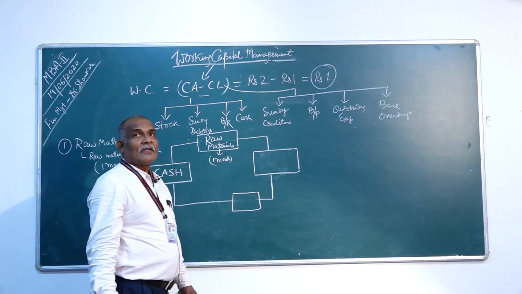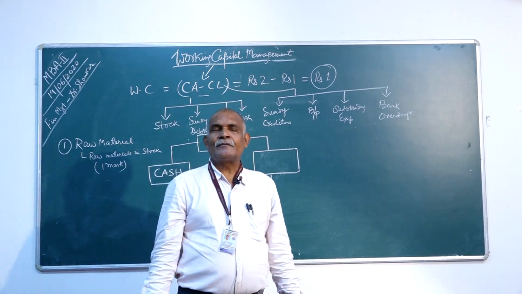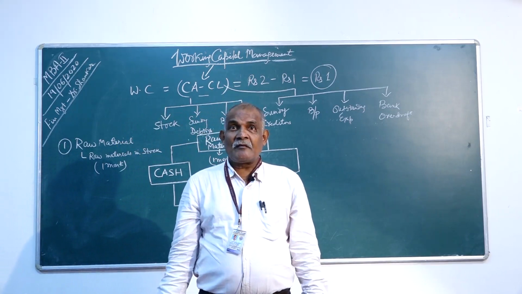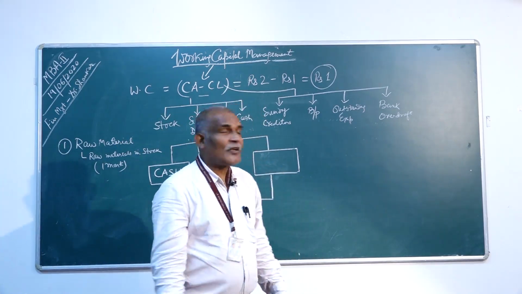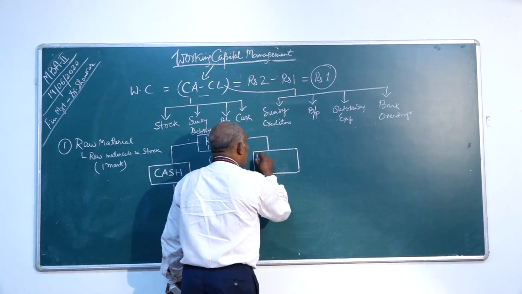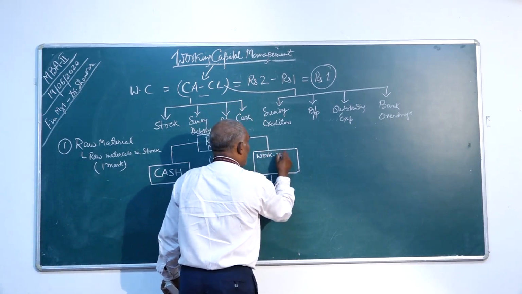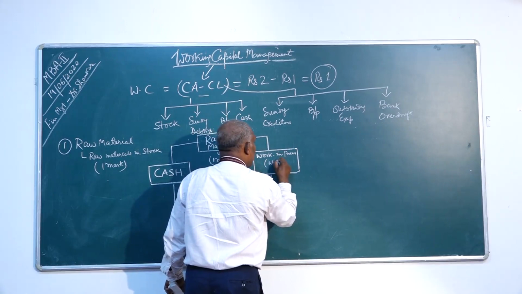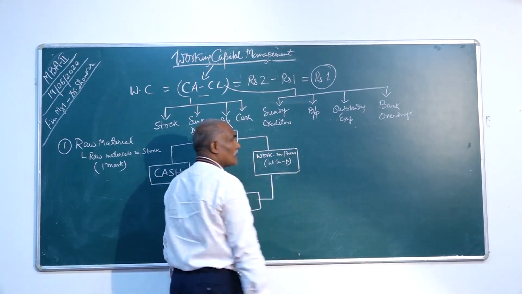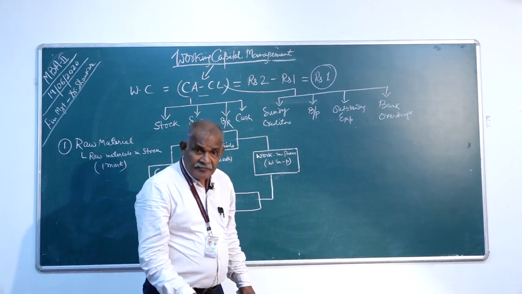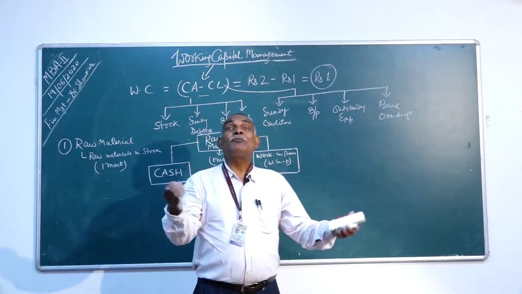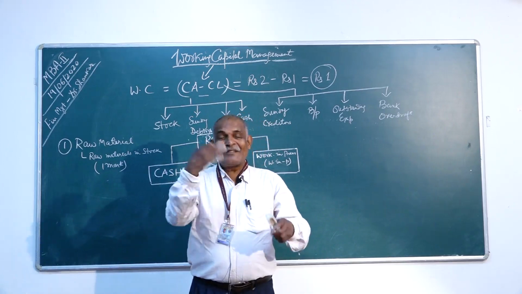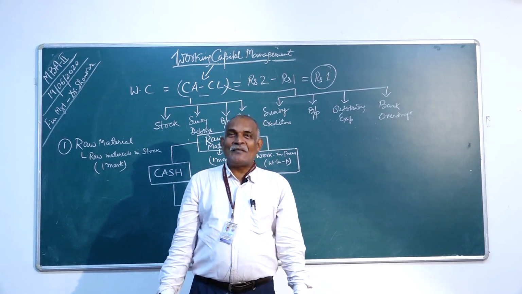After that, I purchase the raw materials. Then we send them to the factory to start the manufacturing process. So this is called work in process, that is WIP. Now the question is, what is the processing time? How much time does it take to convert the raw materials into finished goods?